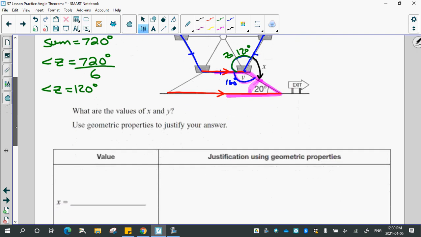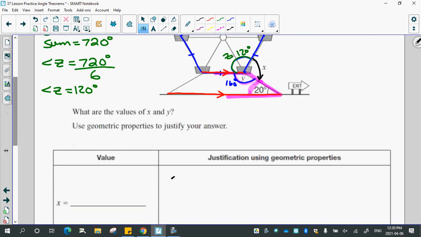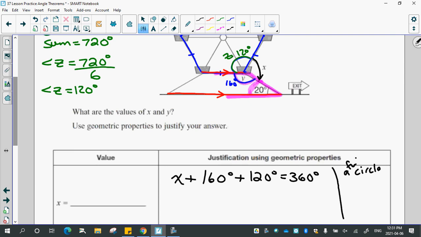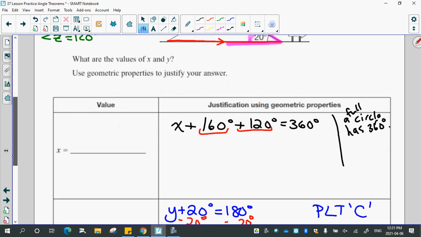Yeah, that's fine. Okay, so my equation is going to be x plus 160 degrees plus 120 degrees equals 360 degrees. My reason is that a full circle has 360 degrees. Then I'm going to add together my 160 and my 120.